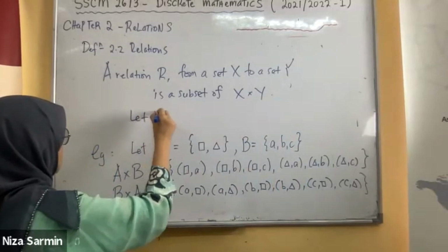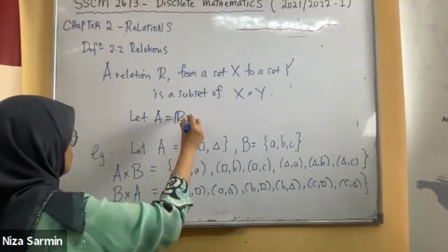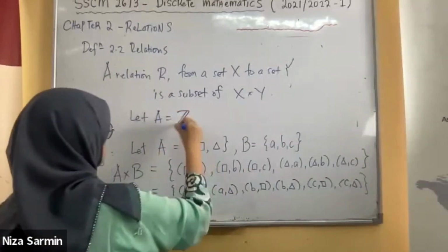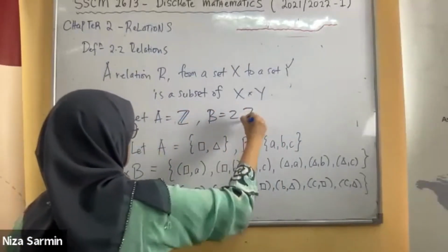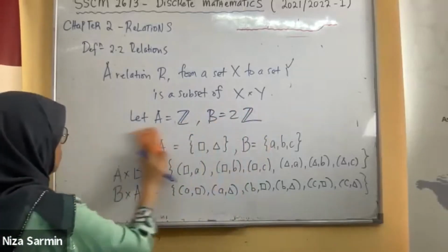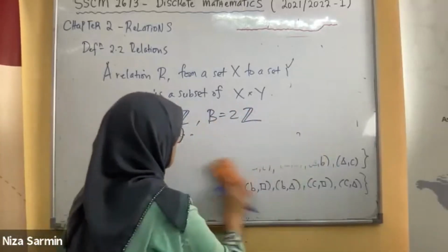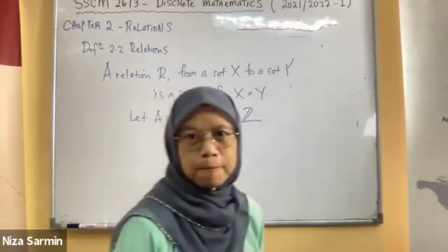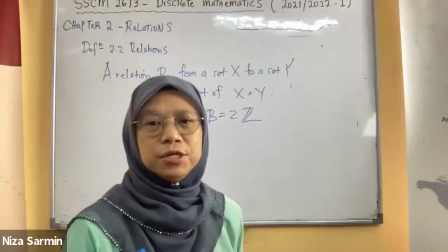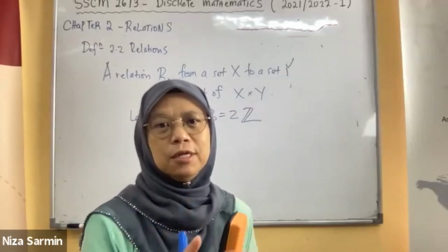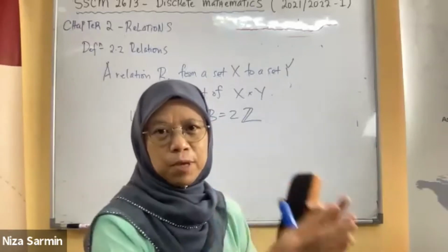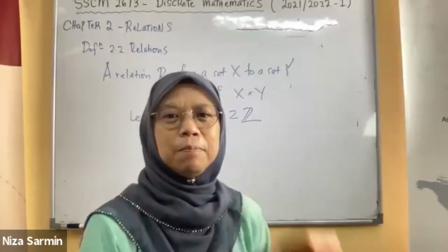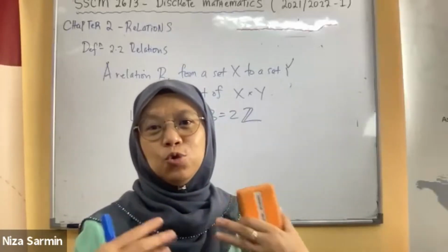let A be Z, B is 2Z. Okay, and if you are given the relation from A to B, A is related to B by doubling, by 2 times.